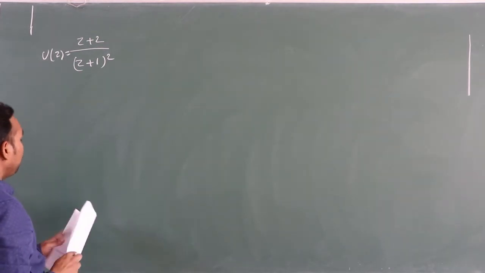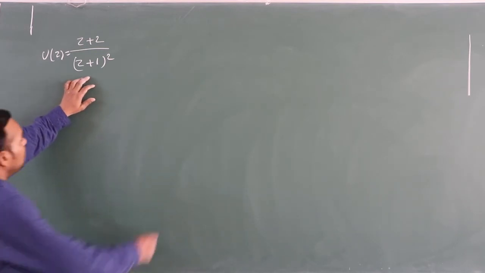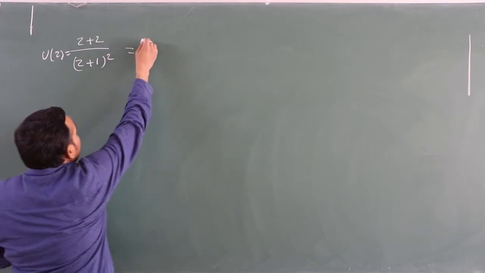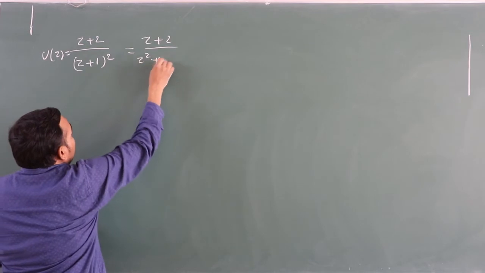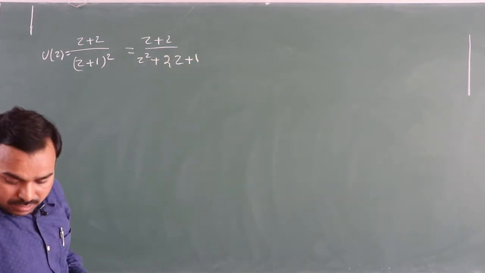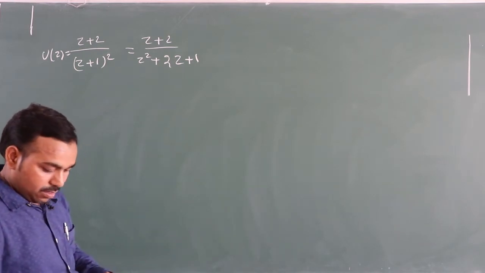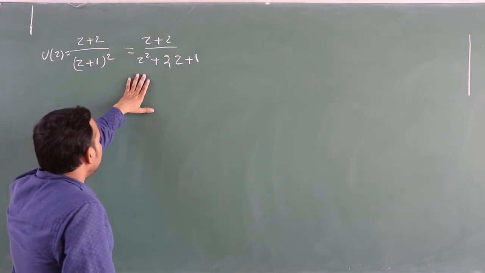Now we want to find the inverse z transform of this with the help of the division method. So this can be written simply as z plus 2 upon z square plus 2z plus 1, and here the region is not defined.